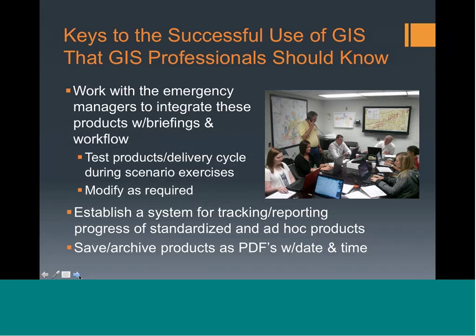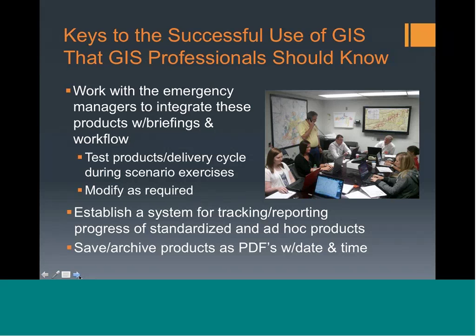There are daily briefings in front of the whole floor in the EOC. Maybe suggest to people places where maps might be important to get their points across. As people see that, they're probably going to request more things from different areas. And then use your scenarios to test out what you're doing, and modify it as need be.